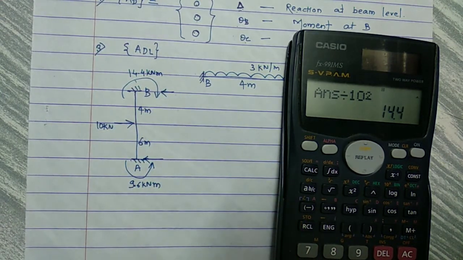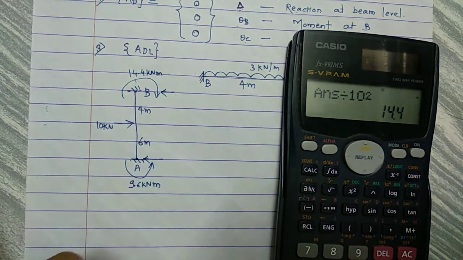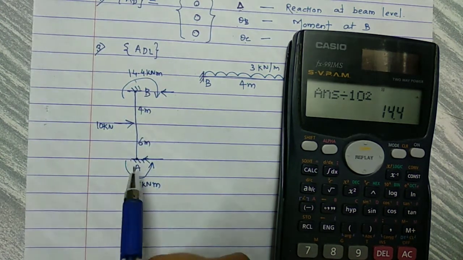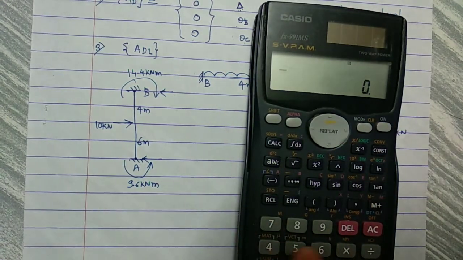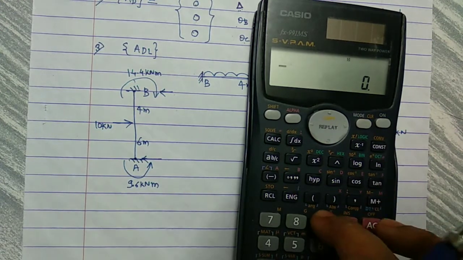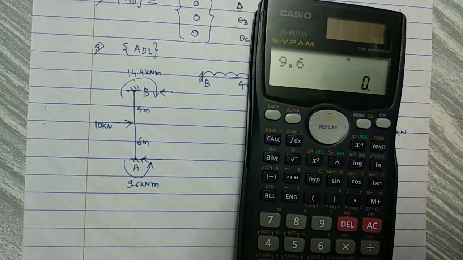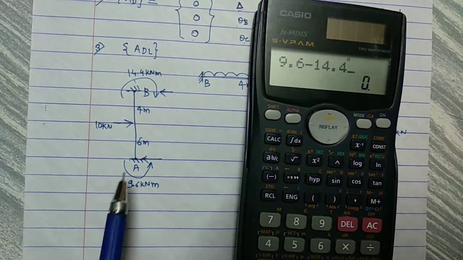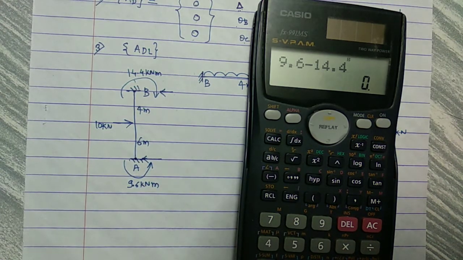Now the reactions at A point and B point. Calculate these reactions using summation of moment about A point and summation Fy equal to 0. If you take summation of moment about A, this is clockwise 9.6, then this is anti-clockwise, so minus 14.4, then the moment of this 10 kilonewton about A point is in a clockwise direction, 10 into distance 6 meter.